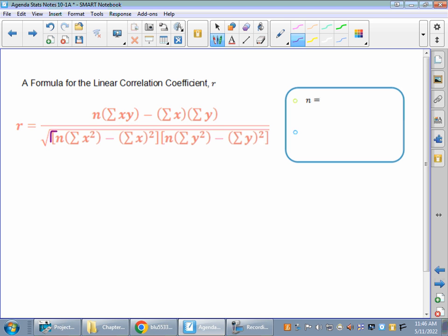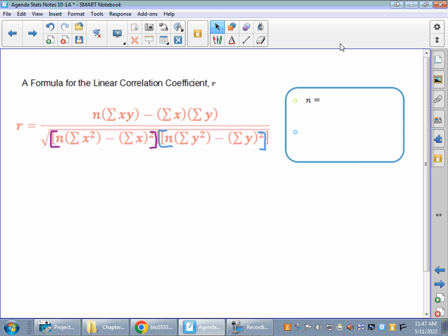So watch out for these guys. The first bracket parenthesis is n times the sum of your x squared values minus the sum of your x's squared. And then, kind of running parallel, the second bracket inside that denominator is n times the sum of your y squared values minus the sum of your y's squared.